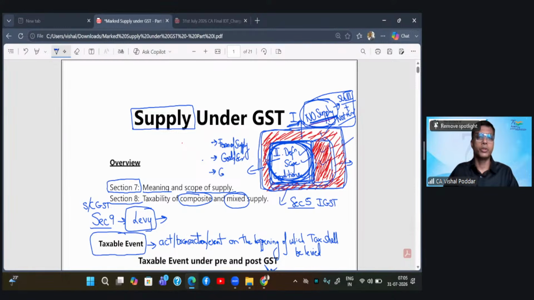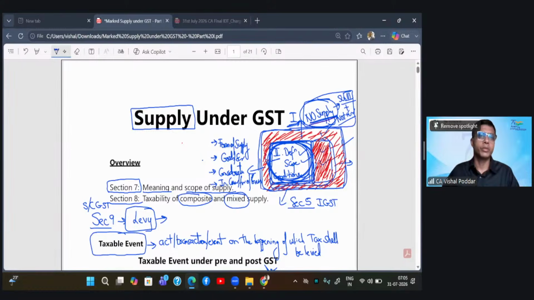Third, this should be against a consideration. And fourth, this should be in the course or furtherance of your business. So these four requirements make up the main concept of supply.